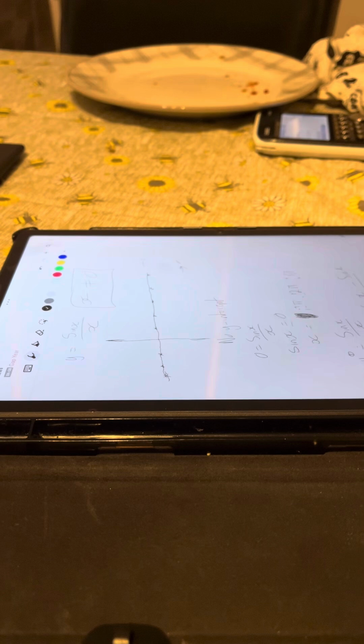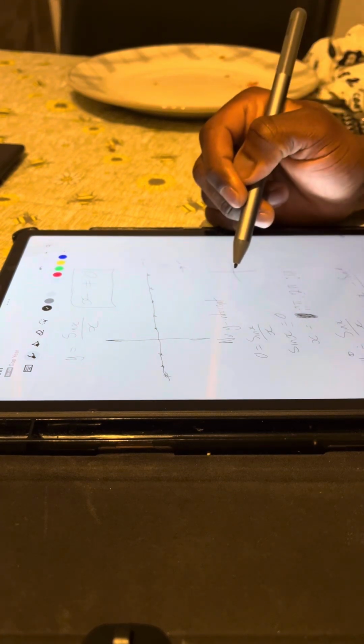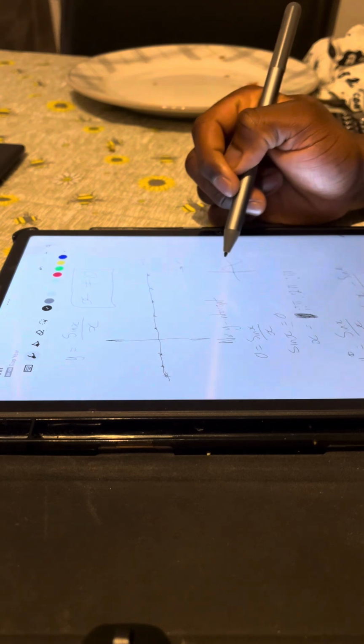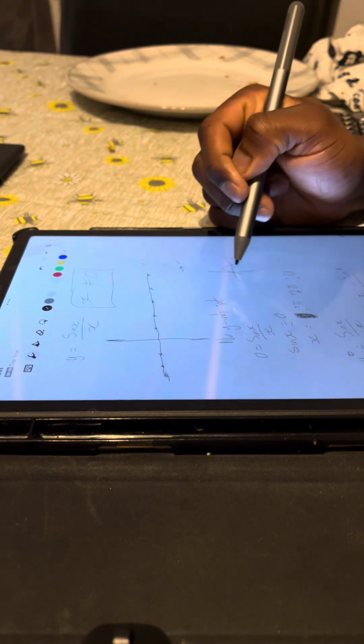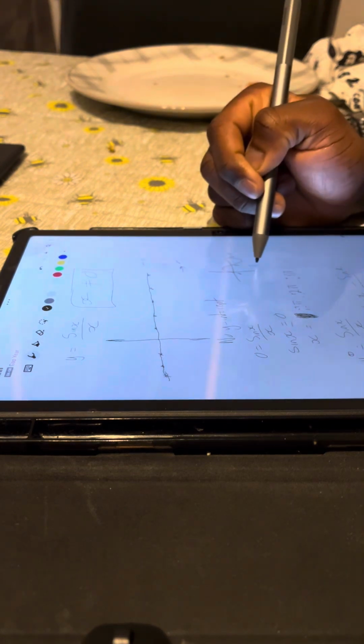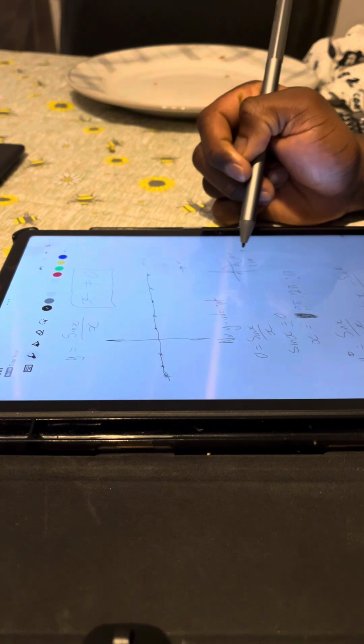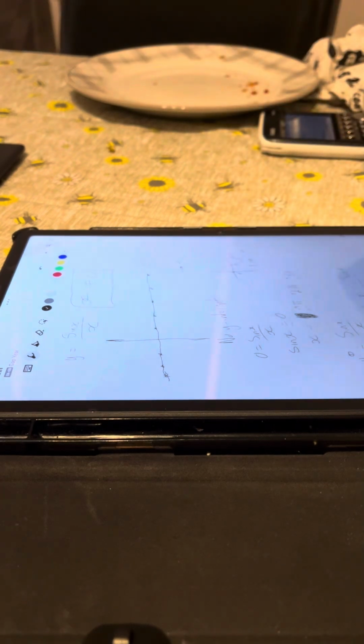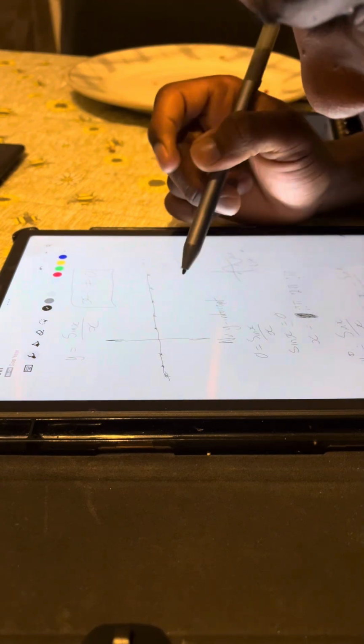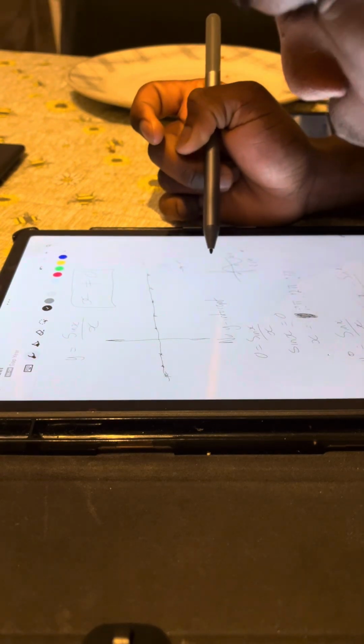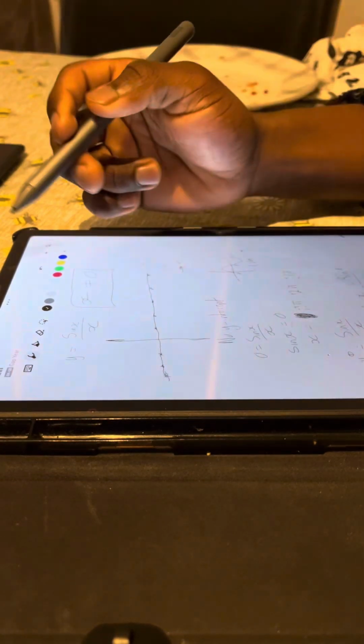Let me think about the sine graph. That's 0, pi, 2 pi. That's about 3.14, and that's about 6. So from 0 to pi it is definitely positive.